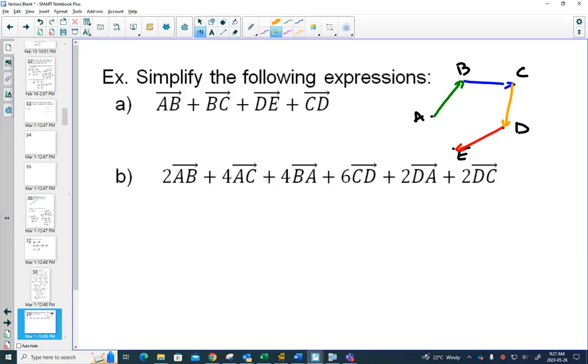This is very much like starting here and ending here. So on the diagram, it works out really nicely to see that this answer is going to be A to E.